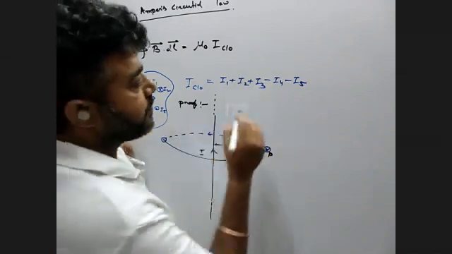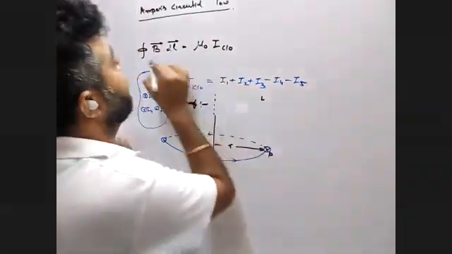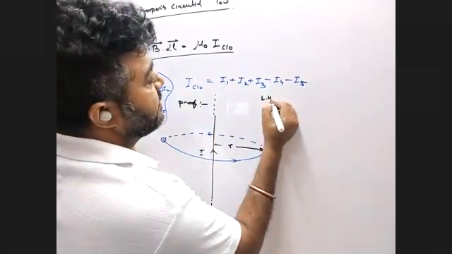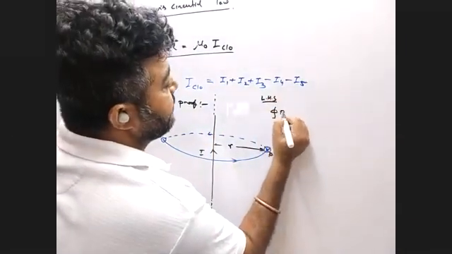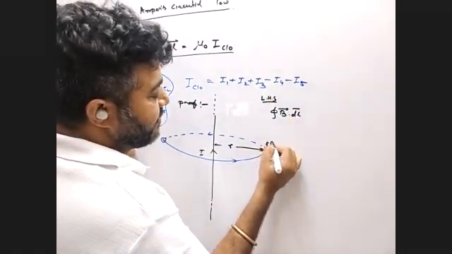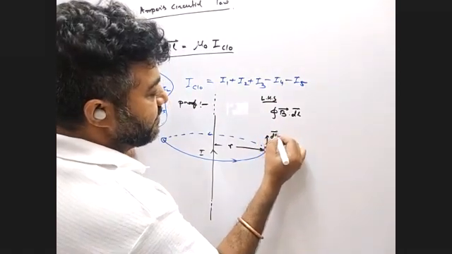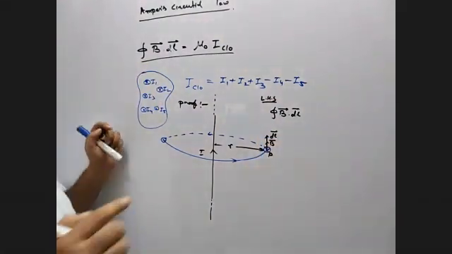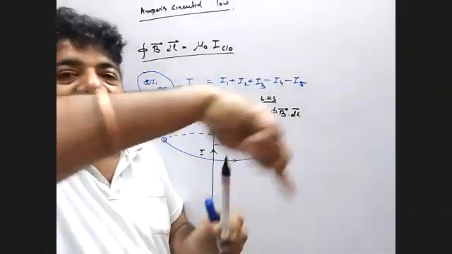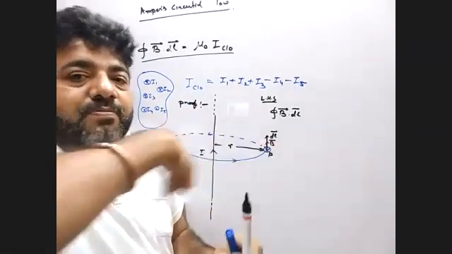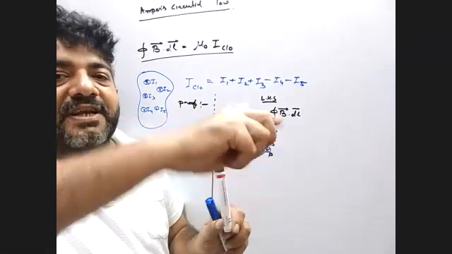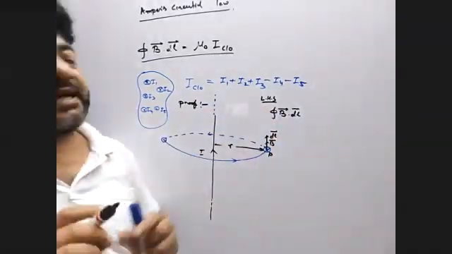So we have to prove Ampere circuital law. The left hand side is the integration of B dot dl. Here the magnetic field and length vector always make an angle of 0 degree.